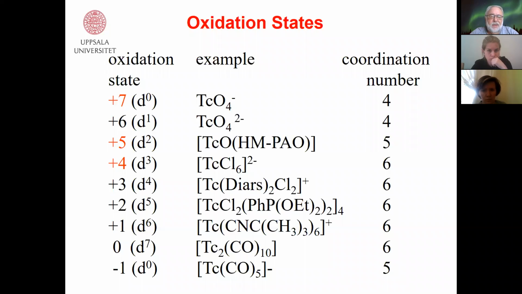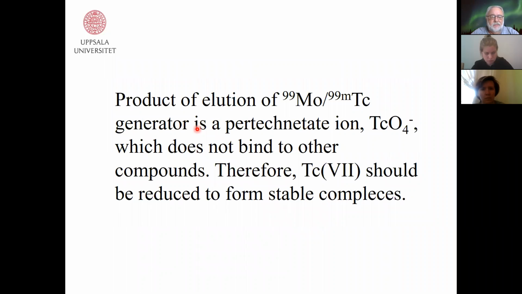Each of them has its own coordination number, from 4 to 6. And the most common oxidation states are +7, +5, and +4, but the stabilization at a certain oxidation state depends on the reduction condition.